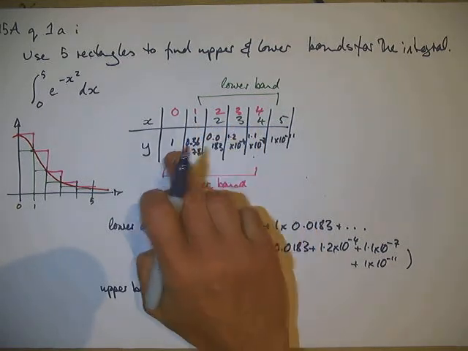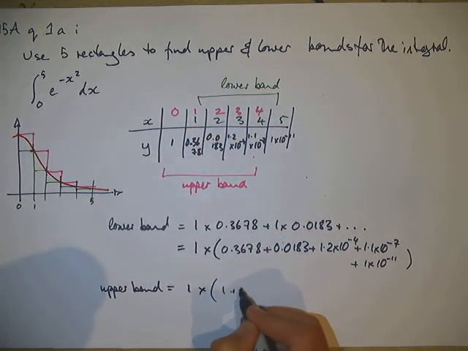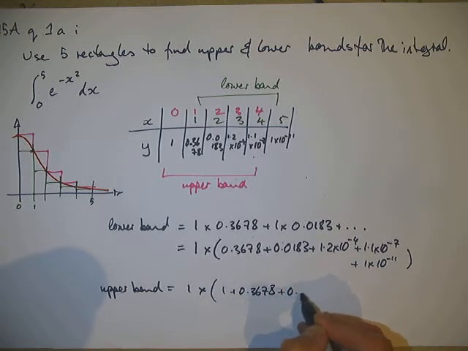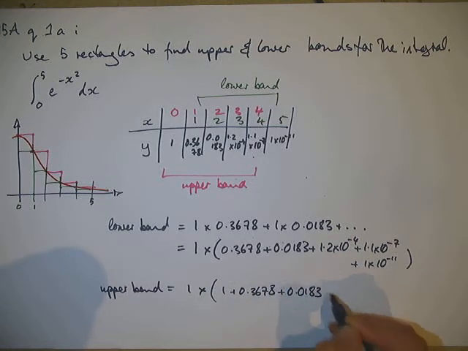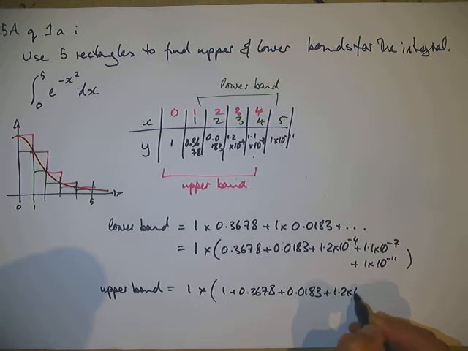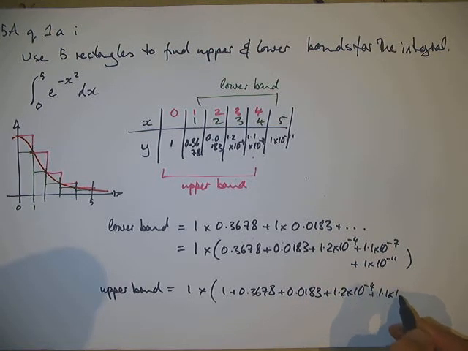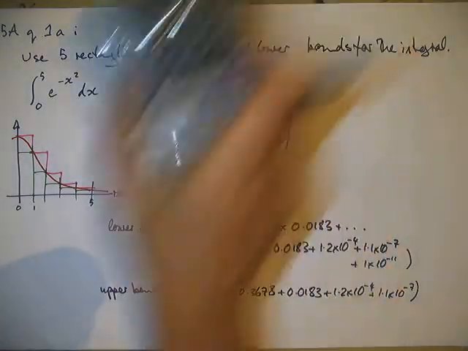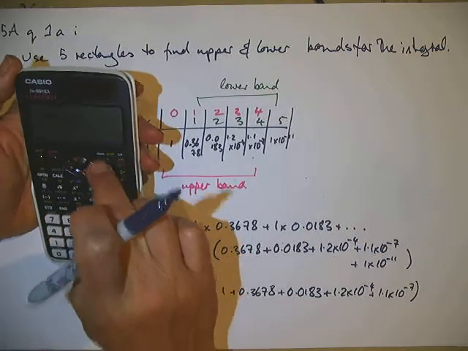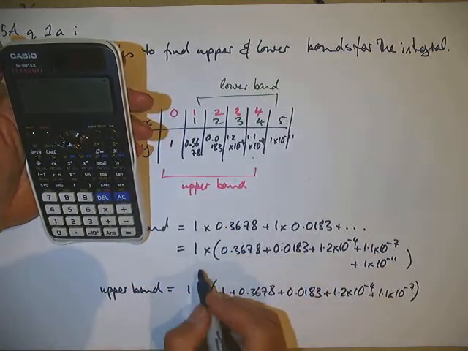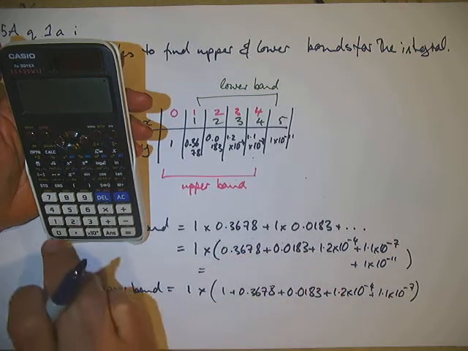So in this case, 1 plus 0.3678 plus 0.0183 plus 1.2 times 10 to the minus 4 plus 1.1 times 10 to the minus 7. Since 1 times anything makes no difference, I'm just going to add those up.